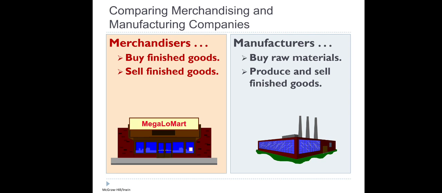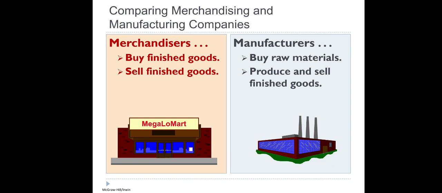The typical example for a merchandising business is a grocery shop. So a grocery shop purchases rice, bread, sugar, flour, and sells the same things to customers.